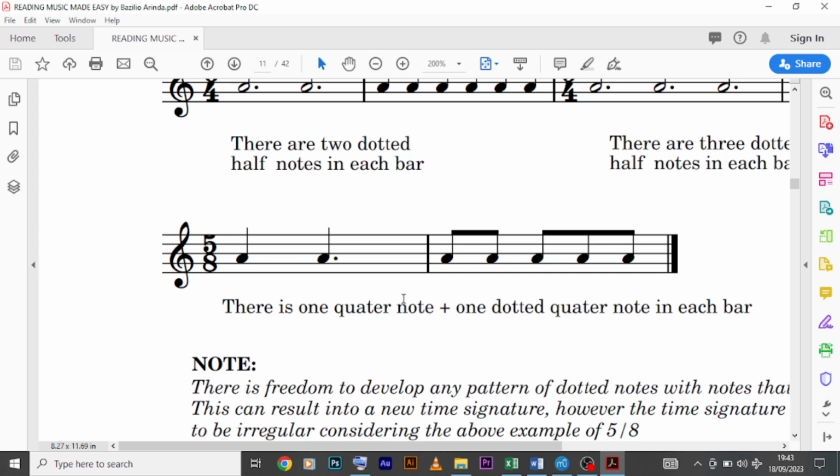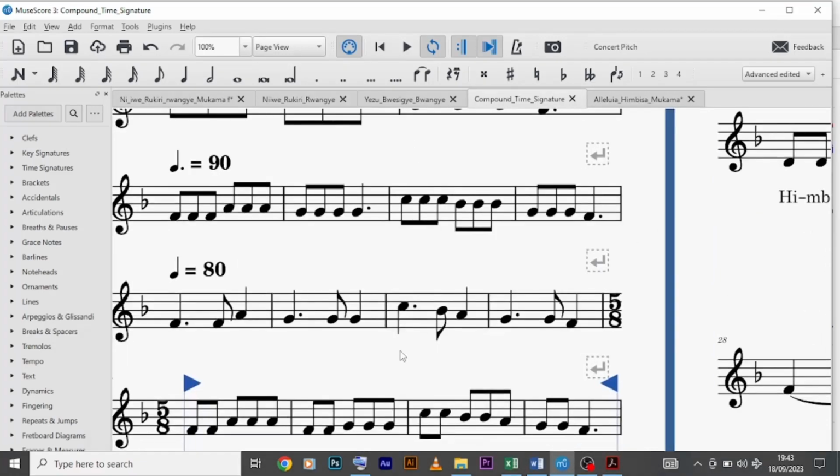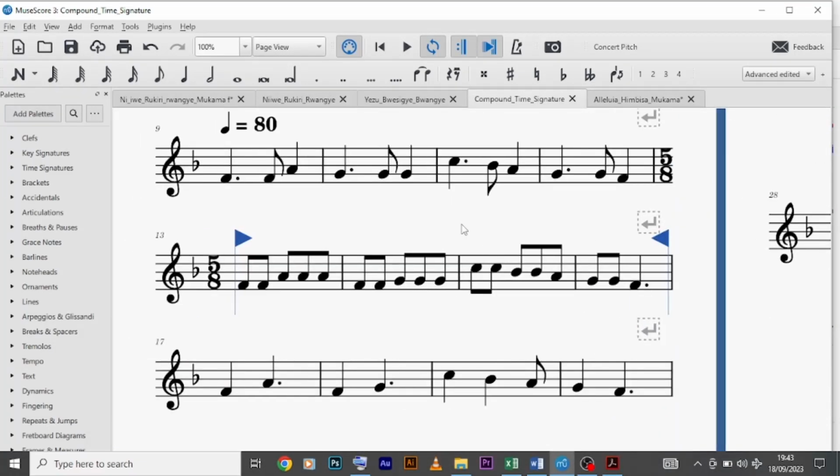So it becomes 1 2, 1 2 3, 1 2, 1 2 3, equally spaced. So in simple terms, as an example, we would take this 1 2 1 2 3 and so on.